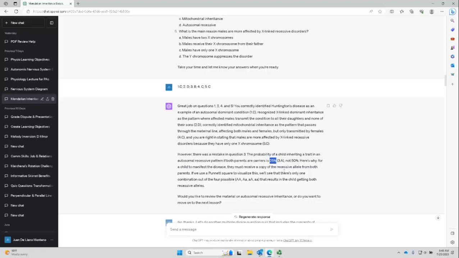They must receive a copy from both parents. So using the Punnett square, only 1 out of 4 will manifest the disease.